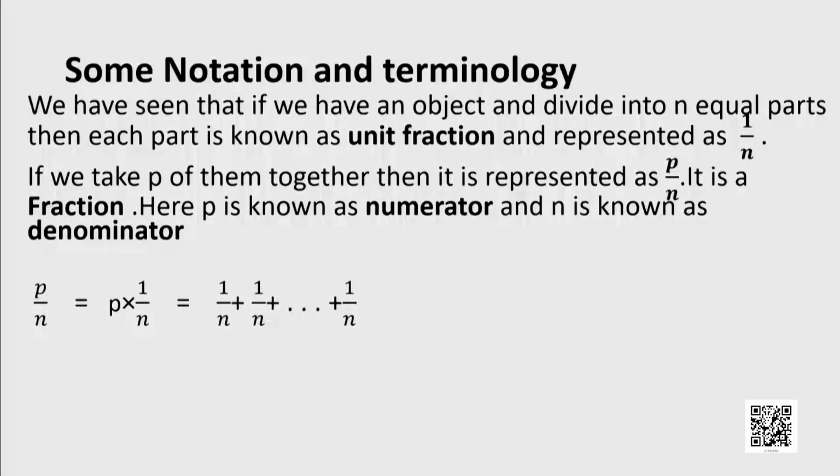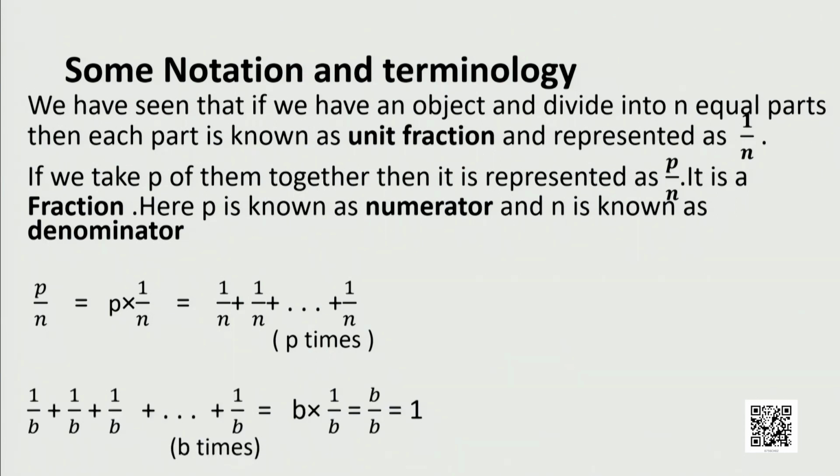Again, p over n is p times 1 over n, and what does p times 1 over n mean? P times 1 over n means that 1 over n has to be added p times. So 1 over n has been added, and how many times has it been added? It has been added p times. So students, you should know when I am writing any fraction, what does it mean?